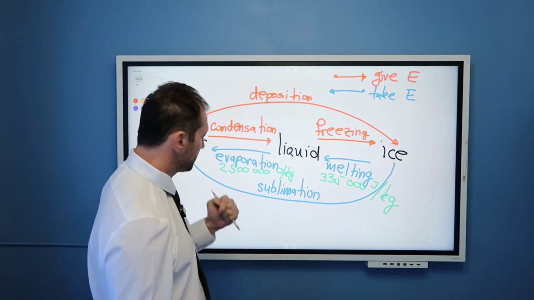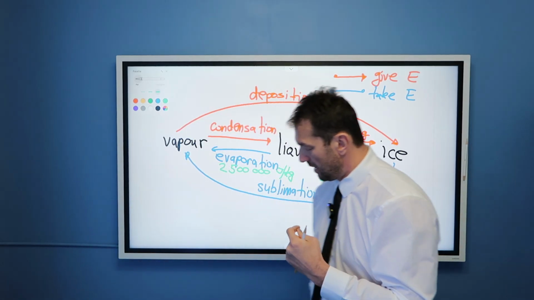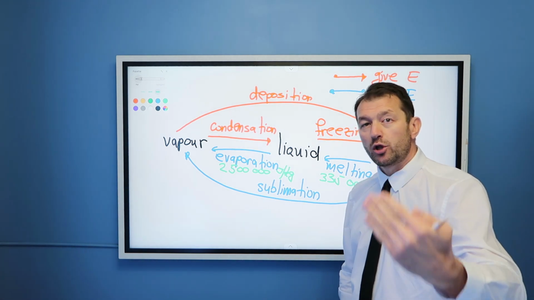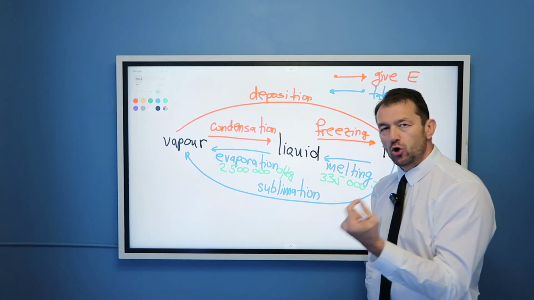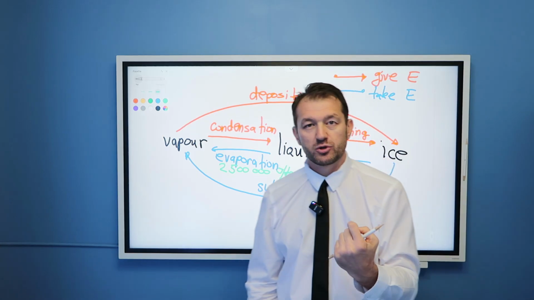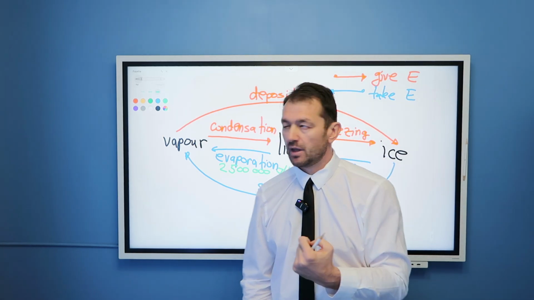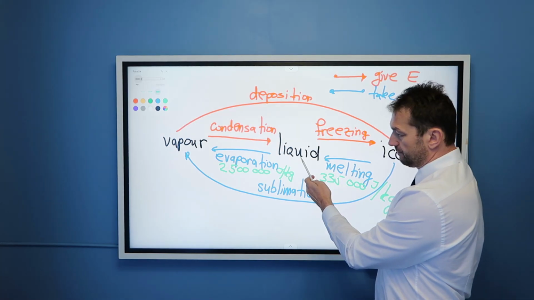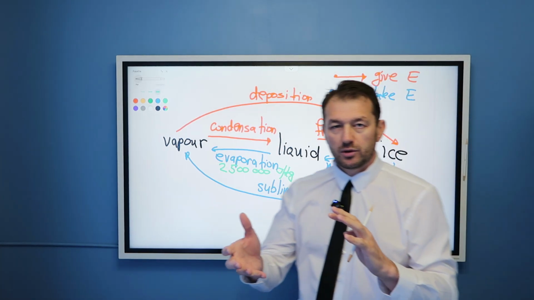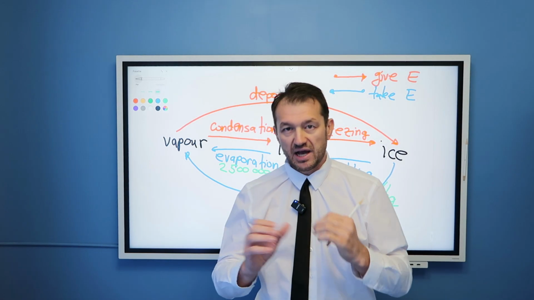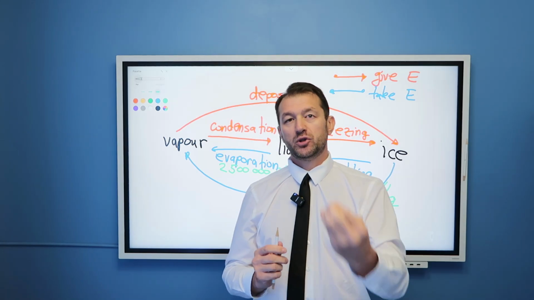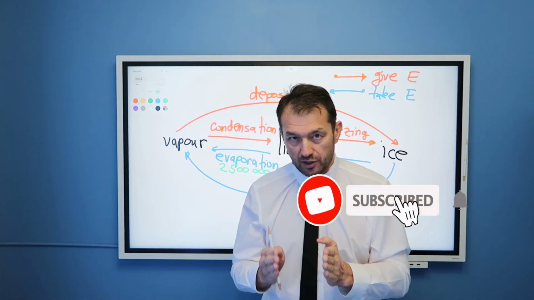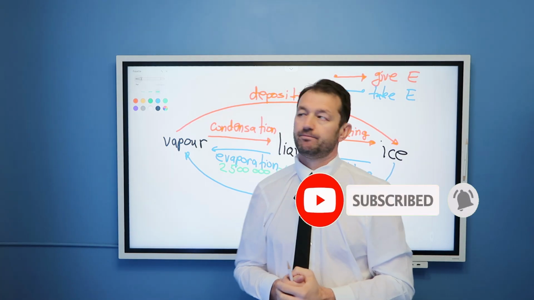Well, the reason is the following. If we go back to my video on why water is so special, then you know that water is so special because it has hydrogen bonds. Now, when we go from ice to liquid, we need to disturb those hydrogen bonds to the point that thermal jiggling is stronger than hydrogen bonding.